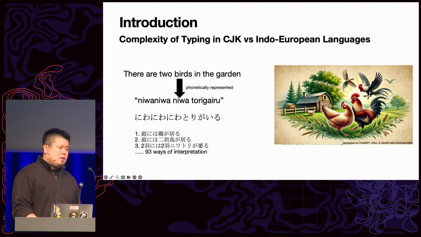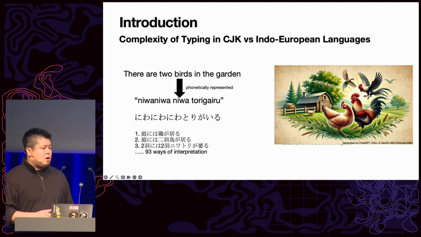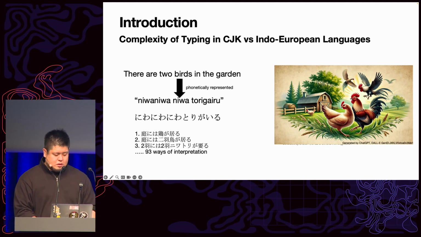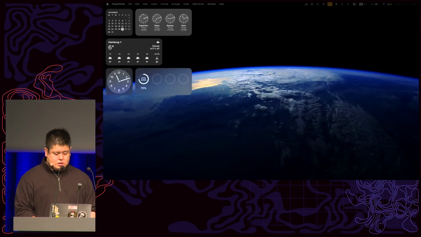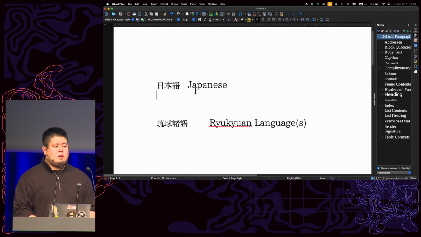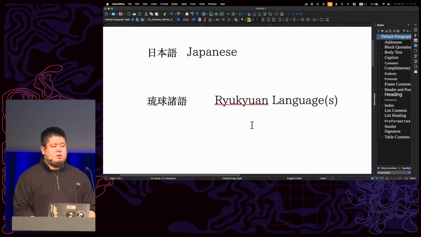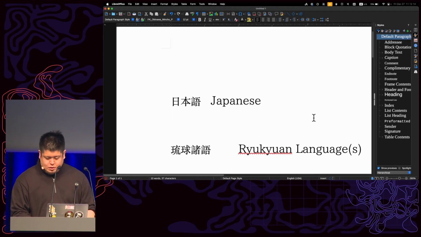We already have an IME, input method engine, for the Japanese language. So I would like to demonstrate how a normal Japanese person types on a computer. What I'm showing you is LibreOffice, and I'm going to type some words.